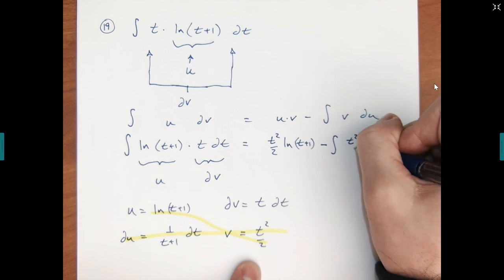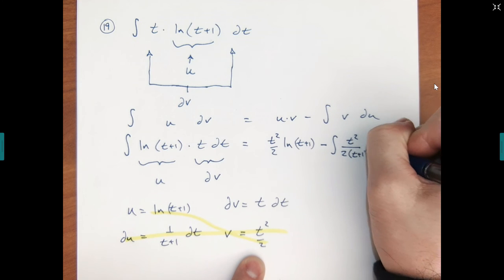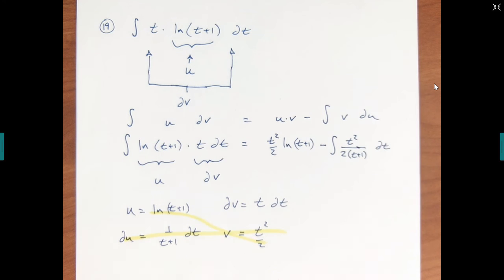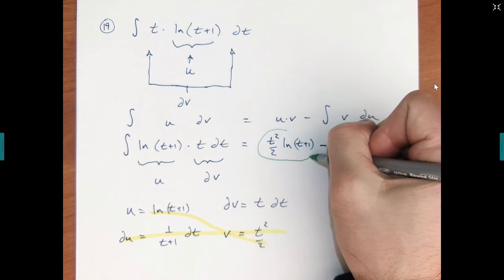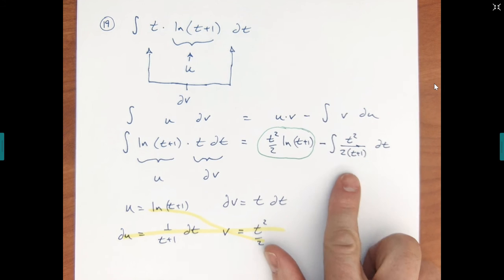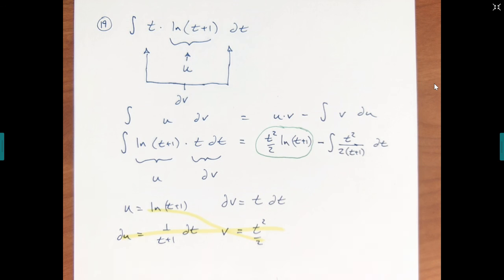I've got t squared, and in the denominator 2, and then a t plus 1, like this. And of course I have my differential dt. Looks good. Green pen, I've got part of my answer right here. Looking nice. But what I need to do now is find out what this is equal to, this indefinite integral.